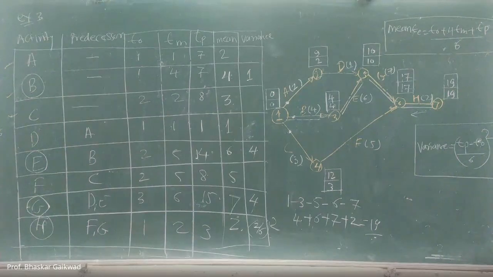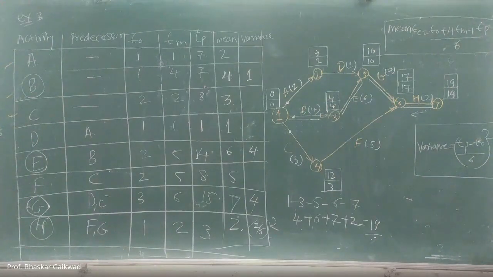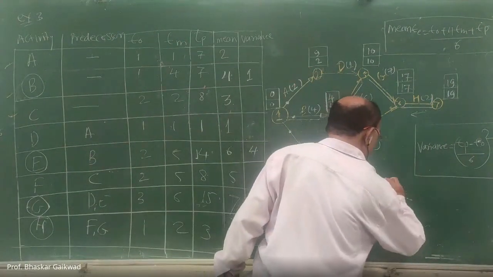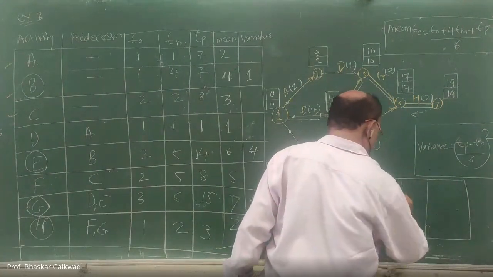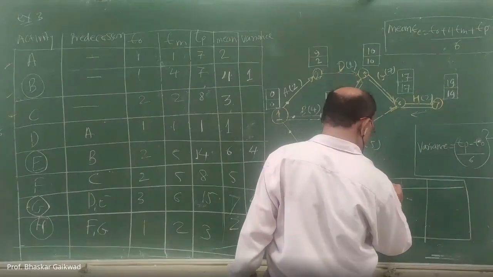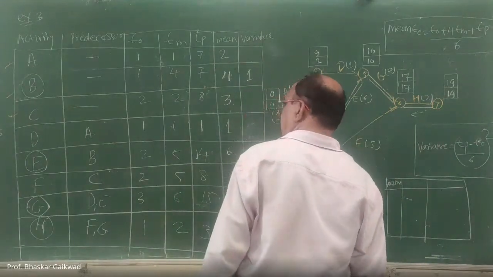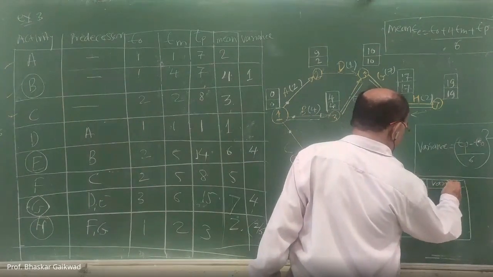Okay. So we know the mean times and we know the critical times. Now you can add all of this if we make the table. So here is activity, mean and variance.